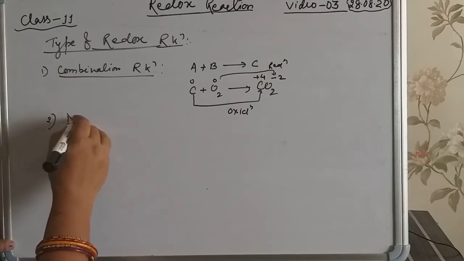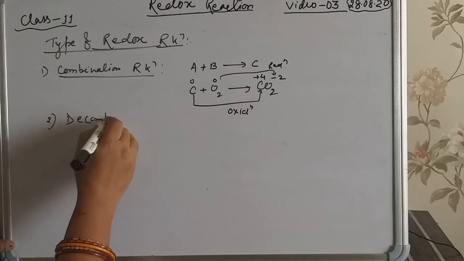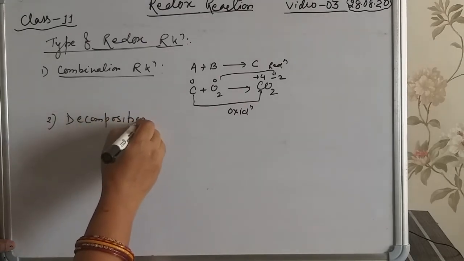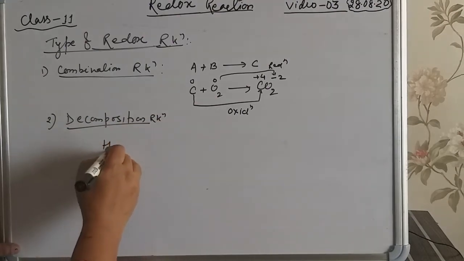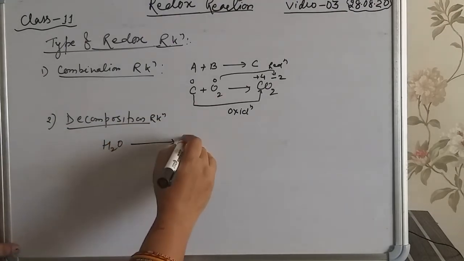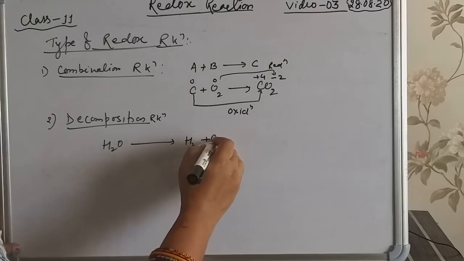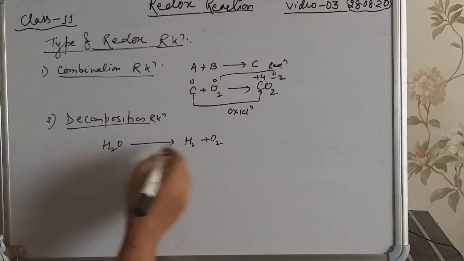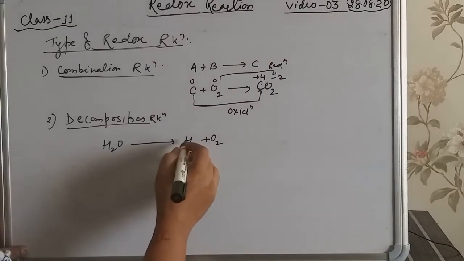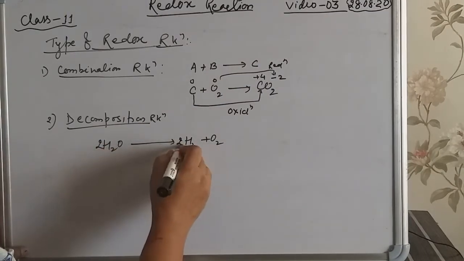Next we talk about the decomposition reaction. As we know, a single reactant decomposes into its constituents by applying thermal decomposition, electrical decomposition, or photolytic decomposition. Now balance the equation.